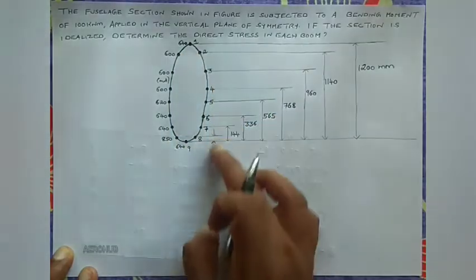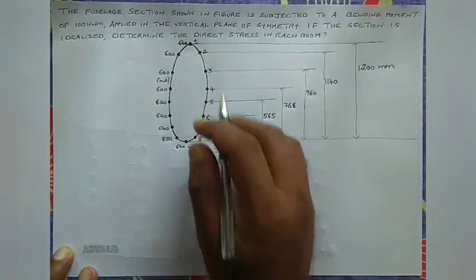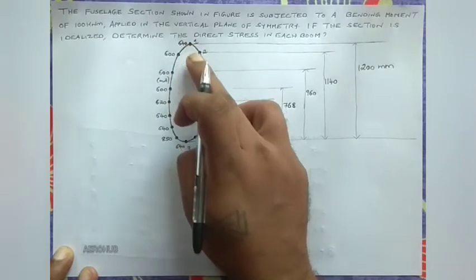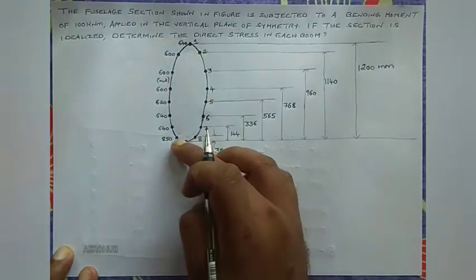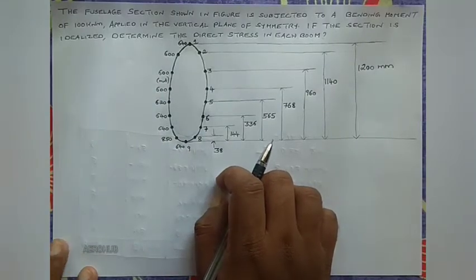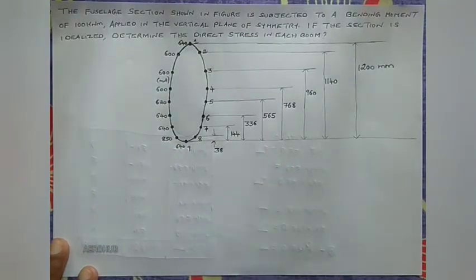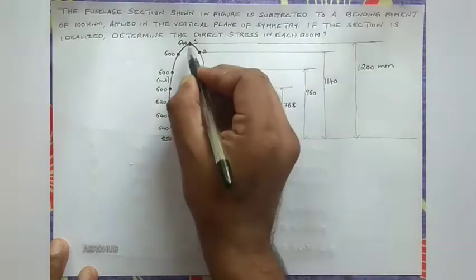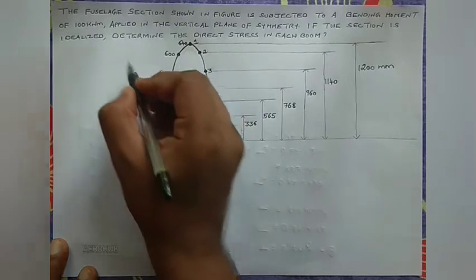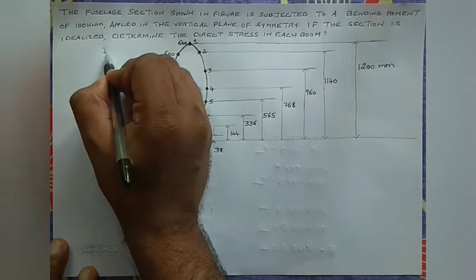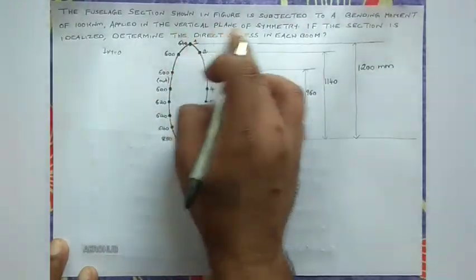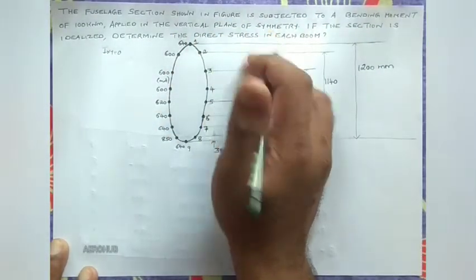You can see in this figure we have a fuselage section which consists of totally 16 boom areas. This structure is symmetrical about the vertical axis, so the value of Ixy will be 0 and we are applying the bending moment along the vertical plane of symmetry.